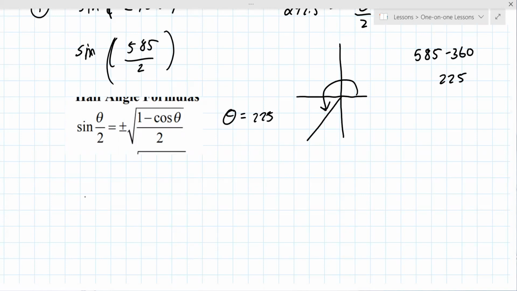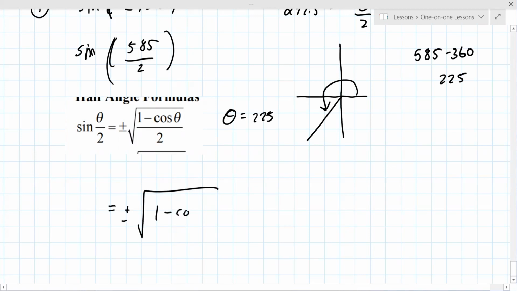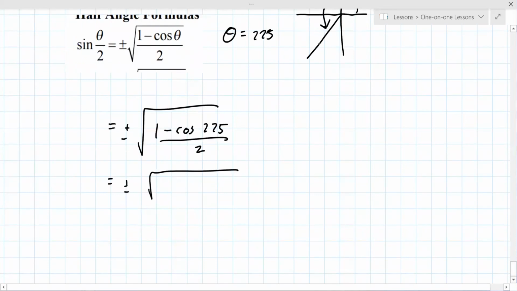All right. So this is plus or minus the square root of 1 minus cosine of 225 over 2. Cosine of 225 is on the unit circle, so it's 1 minus square root of 2 over 2, all over 2.